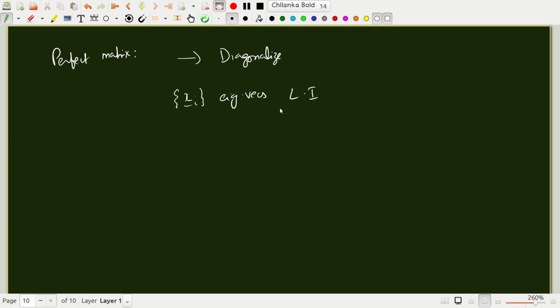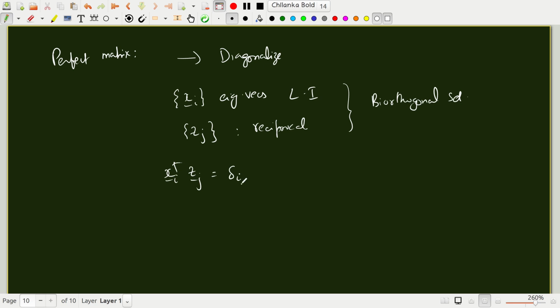That's the definition of a perfect matrix. Then you have the reciprocal vectors zj. Together they form a biorthogonal set, so xi dagger zj is delta ij.